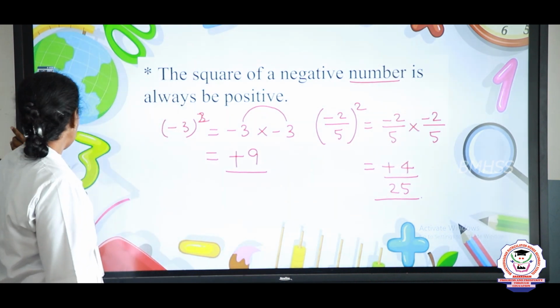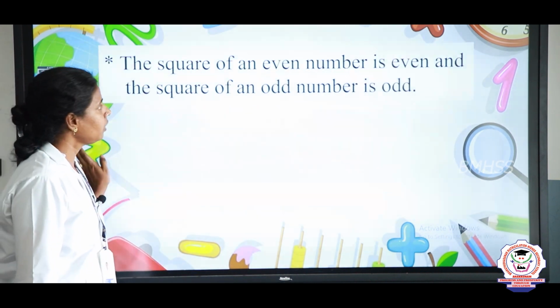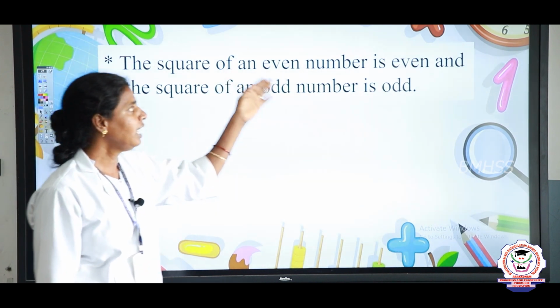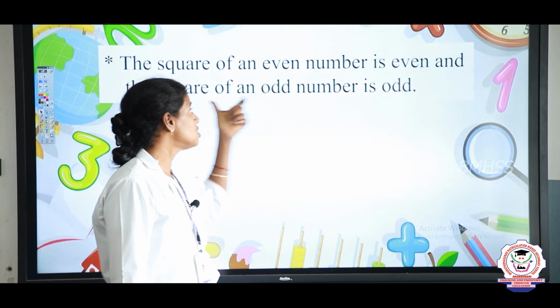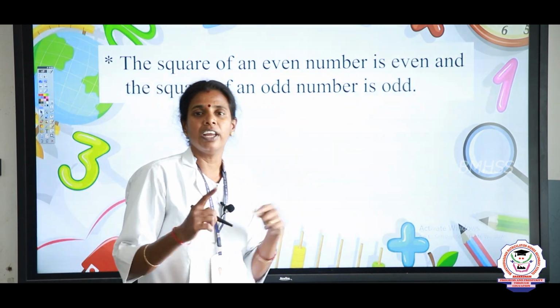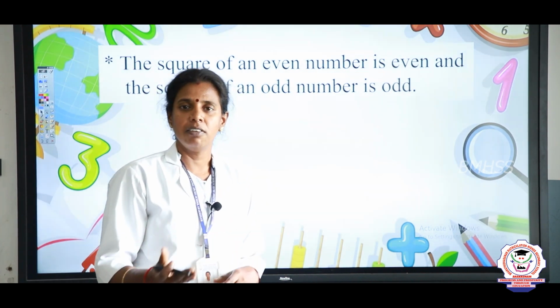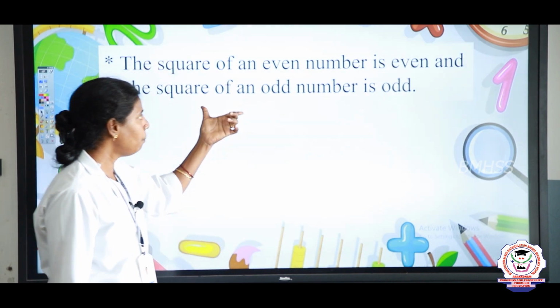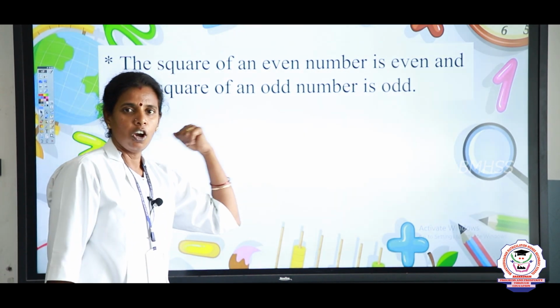The next property is, the square of an even number is even and the square of an odd number is odd. So when you square an even number, the answer will be even, and for an odd number, if you square, the answer will be odd.